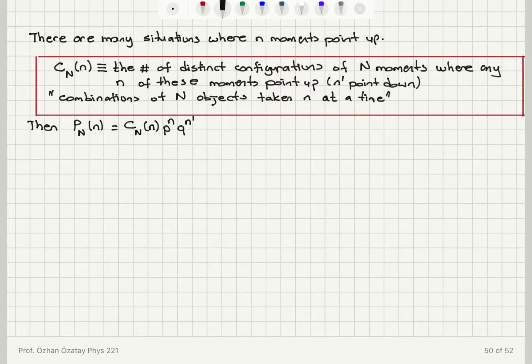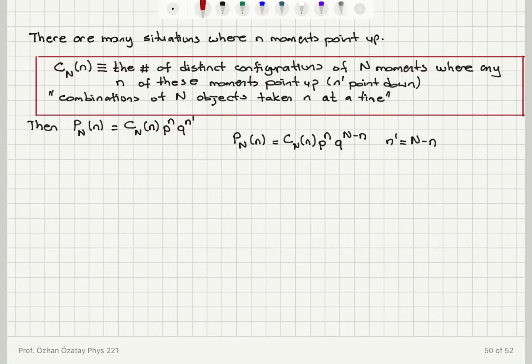In other words, this would be equal to probability of n, given we have lowercase letter n of those taken at a time, p to the n, q to the N minus n, because I have n prime is equal to capital N minus n.